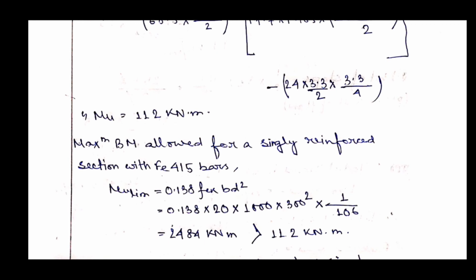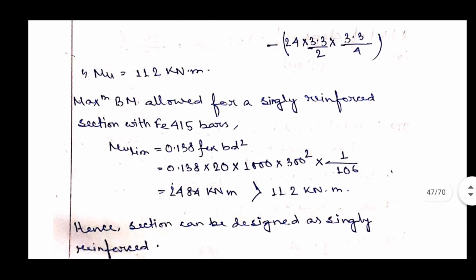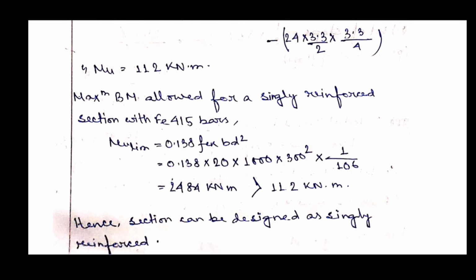So this is 0.138 fck bd square. So 0.138 into fck is 20 into 1000, that is b, into d square is 300 square into 1 by 10 to the power 6 to change the unit. Okay, so you can see here the value of Mu limit is greater than the moment in the section. Hence, this section can be designed as a single reinforced section.